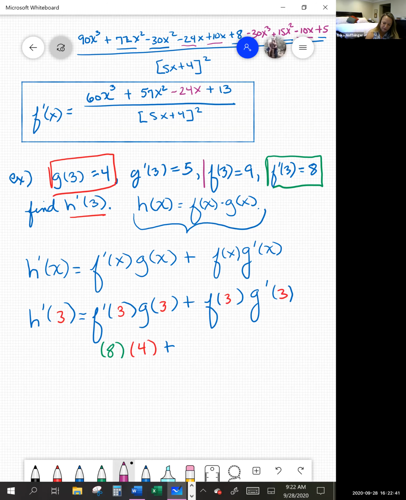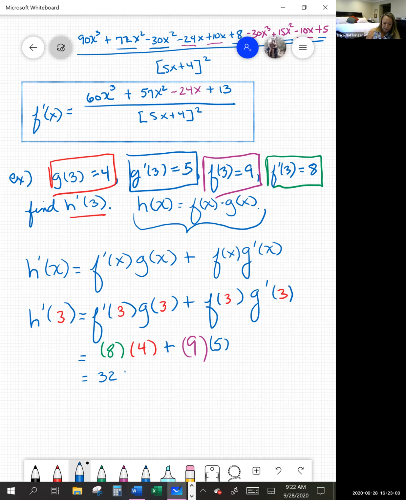F of 3 here was given to us as 9, times g prime of 3. And g prime of 3 was 5. So we have 8 times 4 is 32, plus 9 times 5 is 45. 32 plus 45 is 77.